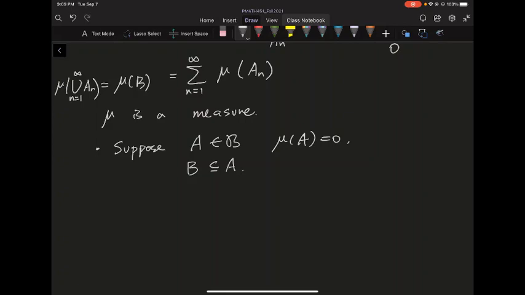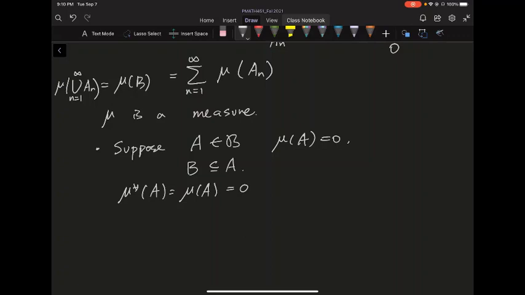So how do I show that? Well, first of all, because A has measure 0 under mu, and we know that A under mu star, by definition, is just mu of A, that's going to be 0.